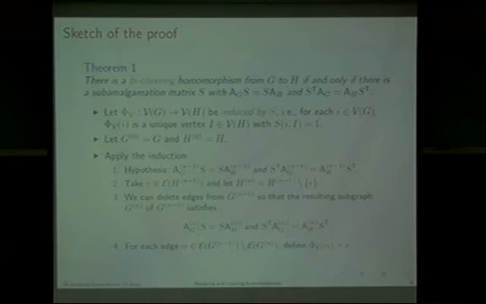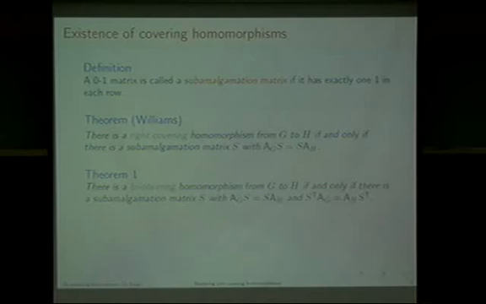So by deleting each edge, we can define a graph homomorphism, and we can prove that this is a bi-covering homomorphism from graph G to graph H. So the idea is to delete edges in the domain satisfying the inductive hypothesis and map all deleted edges to one edge. So this is just the previous slide. We showed that there is an equivalent condition for the existence of a bi-covering homomorphism.